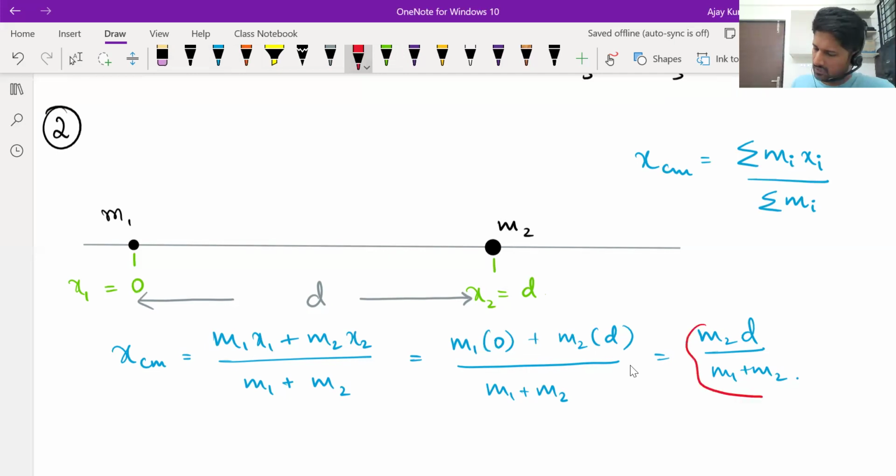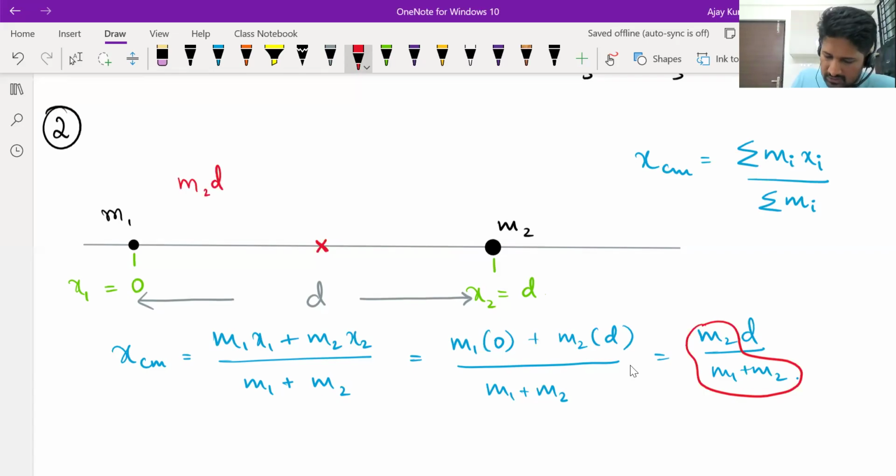If you take d aside, it is m2 by m1 plus m2, with m2 in the numerator and m1 plus m2 in the denominator. Denominator is more than the numerator, so the fraction is less than 1, and the answer is some value less than d. Less than d means center of mass will be somewhere between these two particles. Not exactly in the middle, but somewhere between them. And we got the x coordinate as m2d by m1 plus m2.